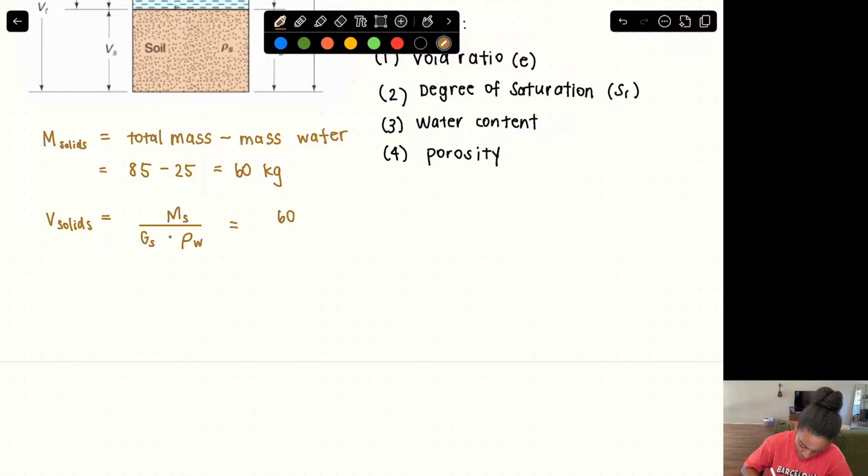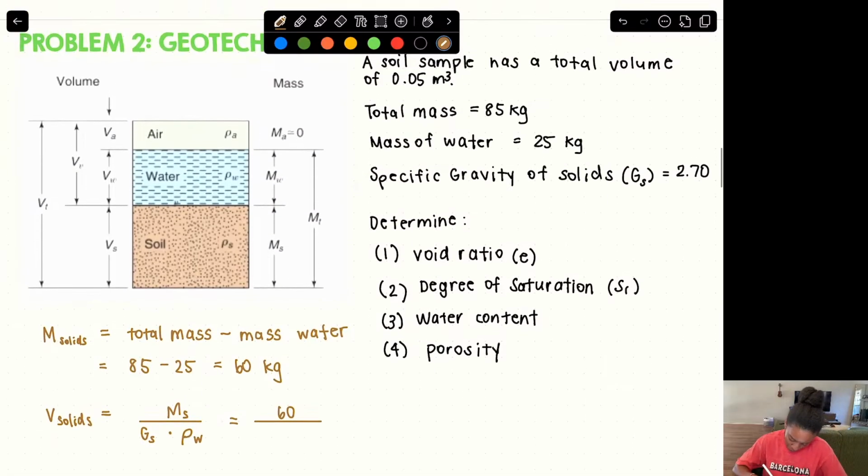Okay, so that's going to be 60 divided by, we were given the specific gravity, so that's 2.7. And then we're going to multiply it by the density of water. Again, that can be found in your FE reference manual. It's 1,000.